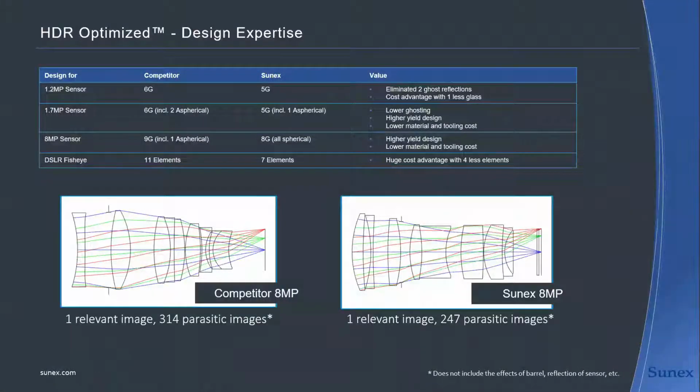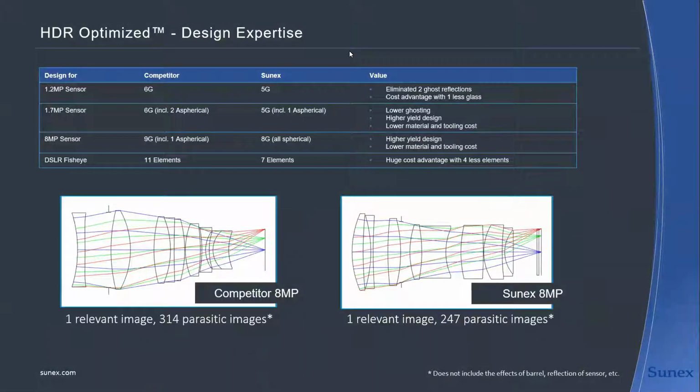Where's the ideal scenario? Yeah, interesting question. There probably isn't a one-size-fits-all kind of answer to that. I think in general, we talk about Sunex having elegant designs, which is what you're talking about. And in general, we don't ever want to use more glass than is necessary to solve the problem at hand.